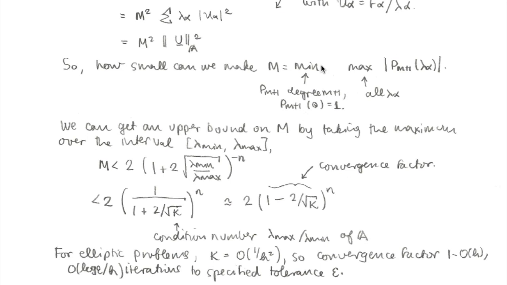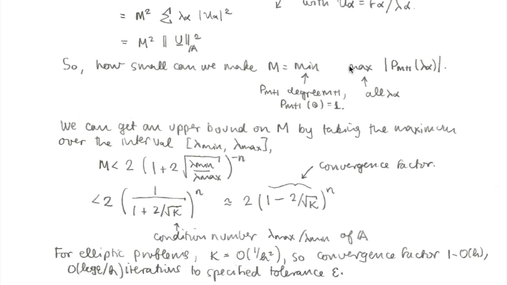Now, this is not necessarily the optimal bound for a particular problem, but generically what we can do is at least get an estimate of the behavior by saying we're not going to worry about the specific structure and placement of these eigenvalues.